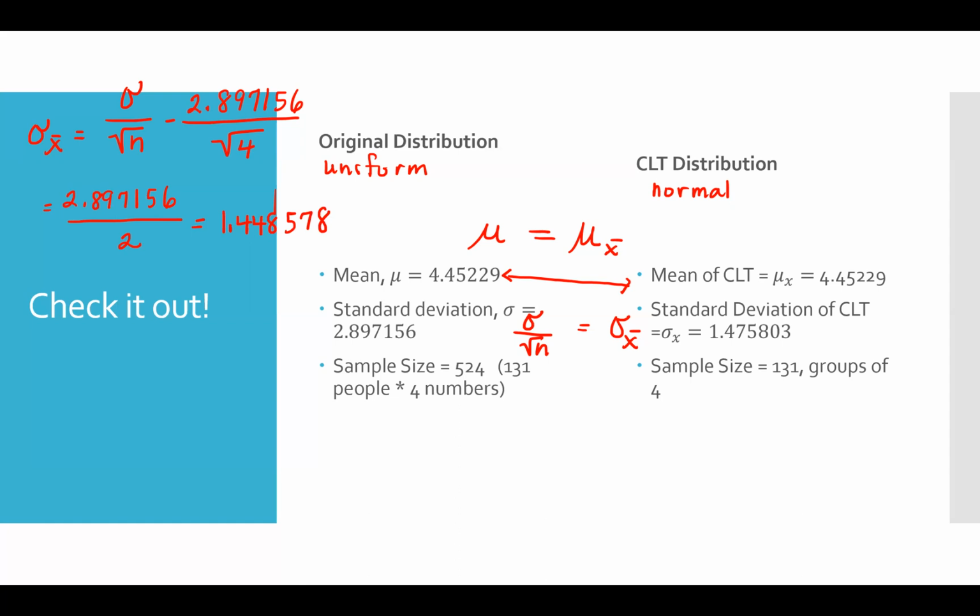So the central limit theorem, it is beautiful because we can take any distribution, and we can force it to be normal, where the mean is the same as the original, and the standard deviation is basically what I call adjusted, and it's going to be slightly lower.